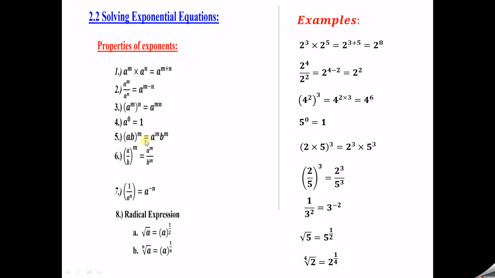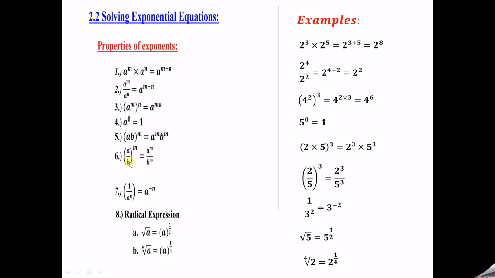And fifth property, ab power m is equal to a power m b power m. So if there is one power and two bases, this power is applicable for both a and b: a power m times b power m. Sixth property, a by b power m is equal to a power m by b power m.